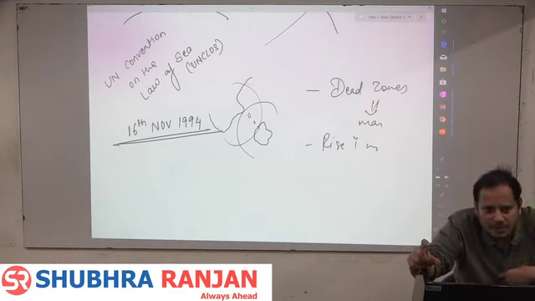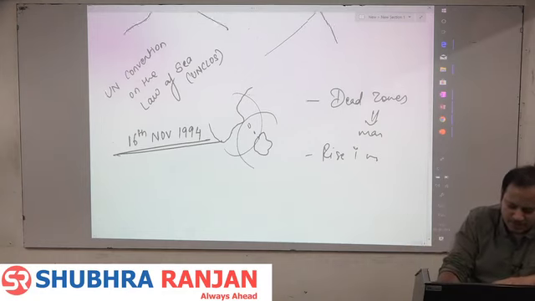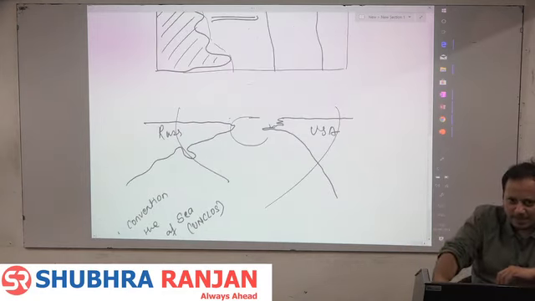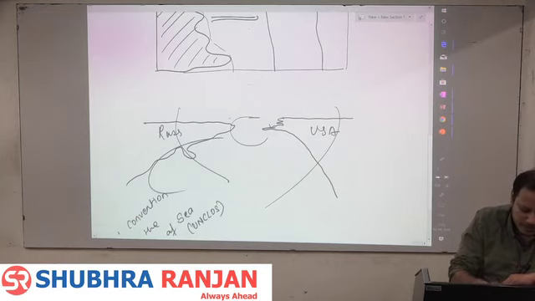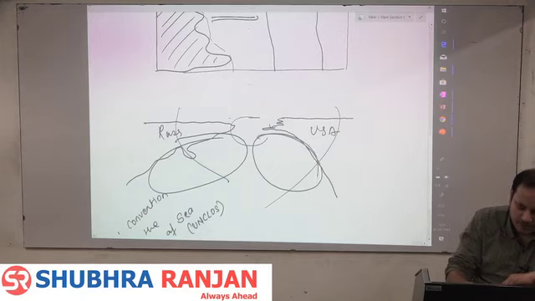Understanding why what I mean, who wanted to expand their jurisdiction? USA kahega nahi, my jurisdiction is even the coast of Japan. Or Russia kahega no, my jurisdiction is even here.